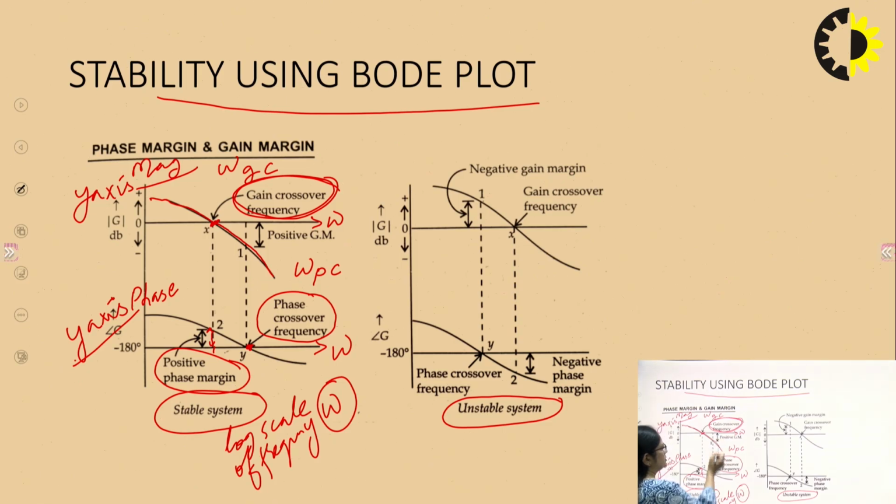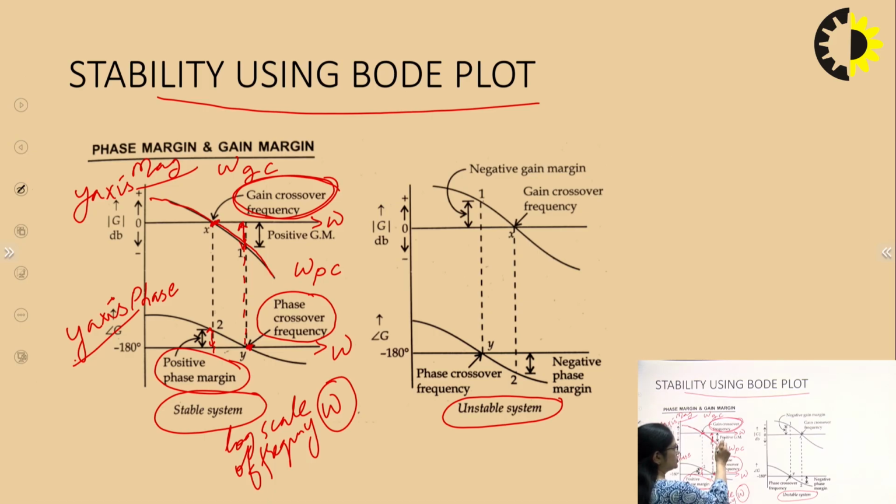At the phase crossover frequency, we draw a line starting from here till this point. This distance is known as the gain margin in decibels, whereas the phase margin is in degrees.